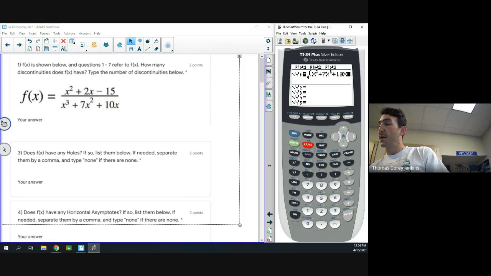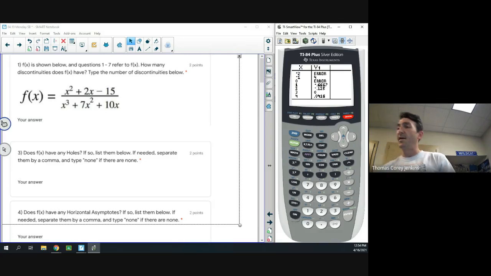Now I could look at the graph, but I'm going to look at the table. I'm looking for anything that has an error as being a discontinuity. You do have to be careful here because they're not all on the screen.